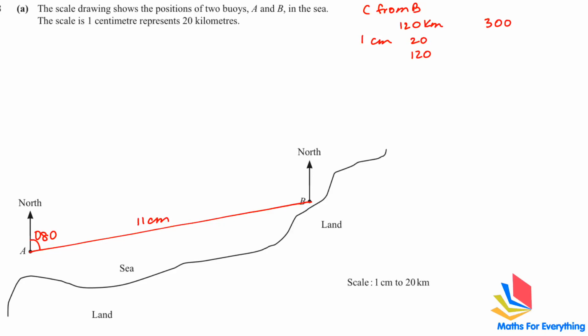Therefore, 120 kilometers equals how many centimeters? Cross multiply. 120 is equal to 20x. 120 divided by 20 is x. So your x is 6 centimeters. We know that C is 6 centimeters away.